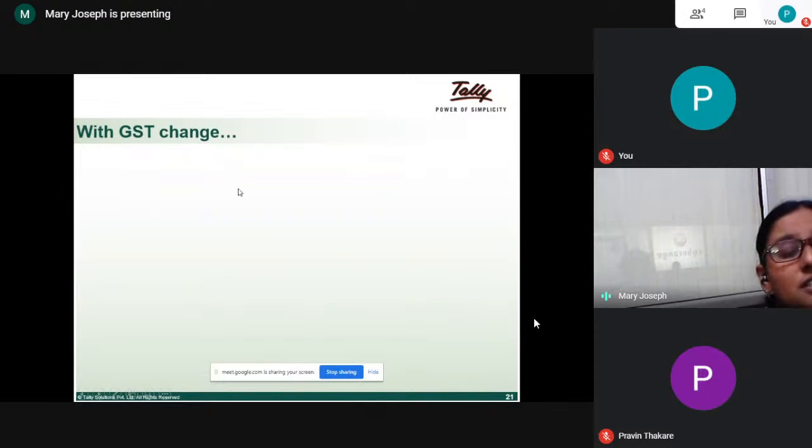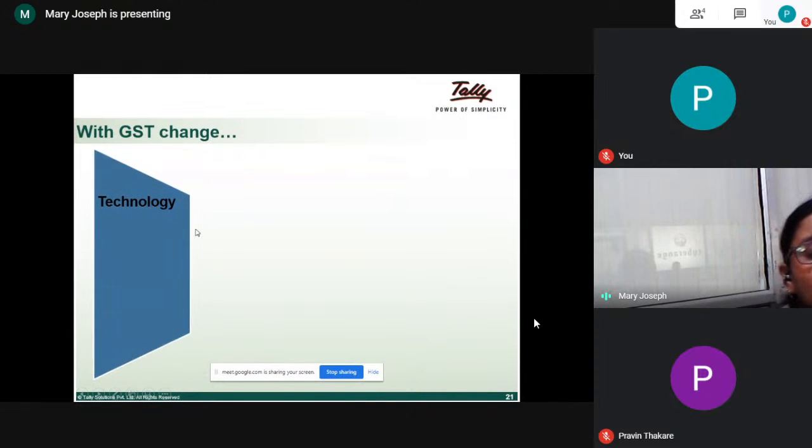Next, with GST, the changes. What are the changes which have happened due to the GST? First of all, technology comes in: digital B2G connection, meaning business to government. All the businesses are connected with the government digitally.